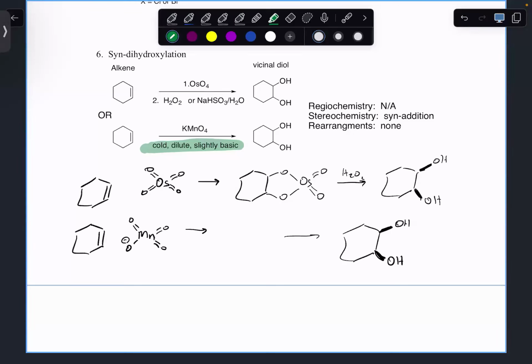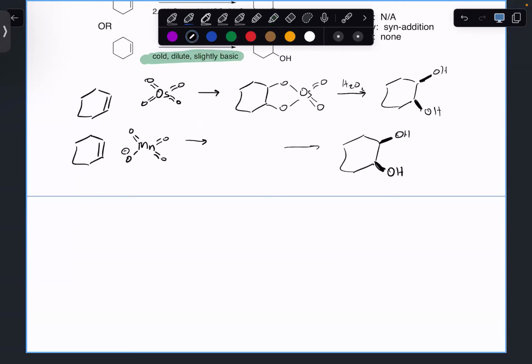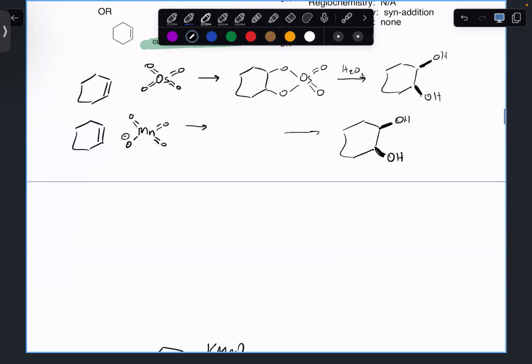So it kind of begs the question, well, if they both do the same thing, then why do we need two things that do the exact same thing? I want to kind of list some of the pros and cons of each of these methods. So if you use potassium permanganate, number one, it's cheap, and it's readily available.